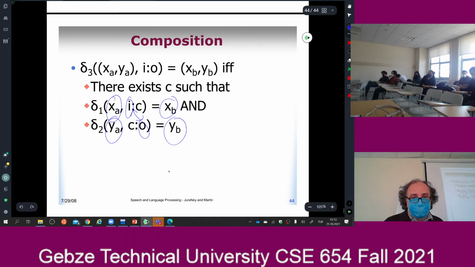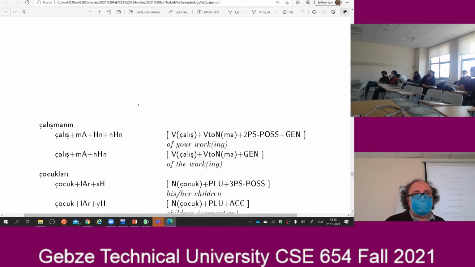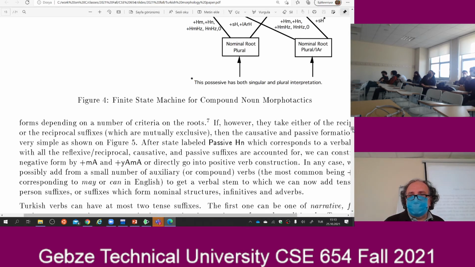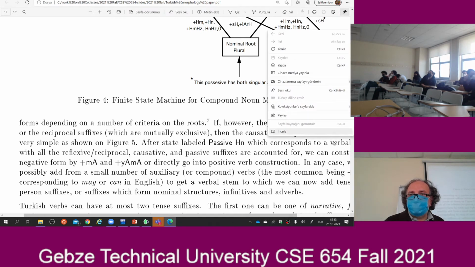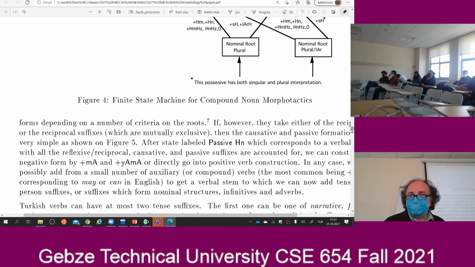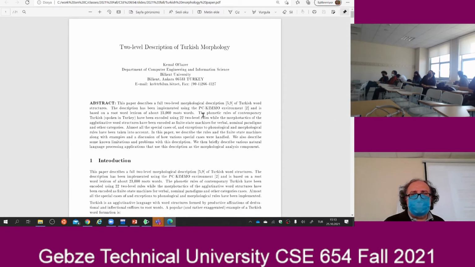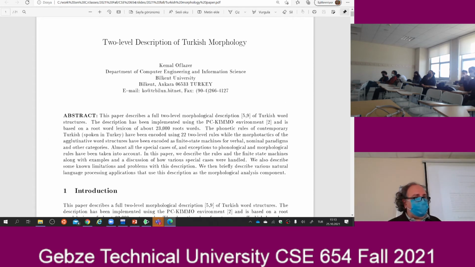Again, for that one, I uploaded this paper. I am going to use this paper from Kemal Hoca. As I said, I think this is from the 1990s. As an NLP technique, there is nothing new, but remember those orthographic rules and lexicon finite state transducer.